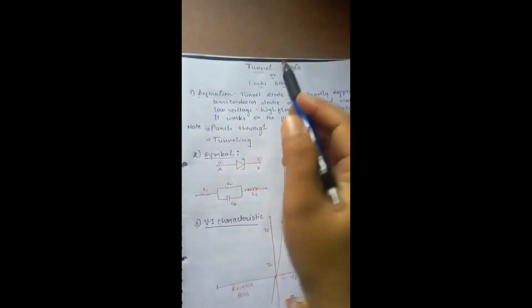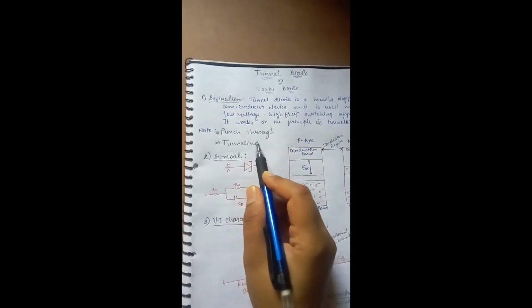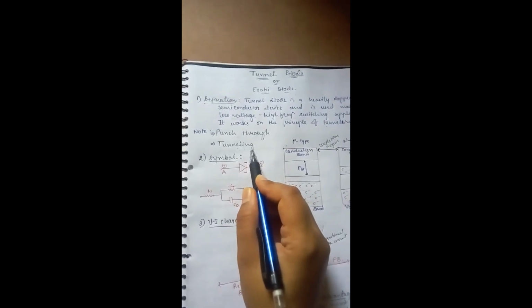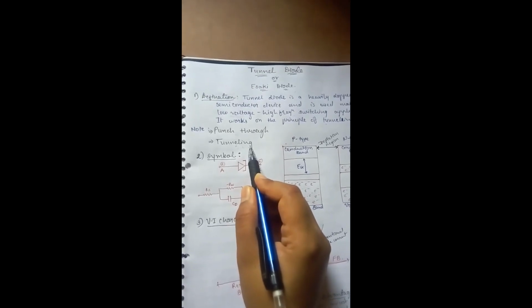But here in a tunnel diode, at a very low input voltage, the electron flow moves from anode to cathode very fast.